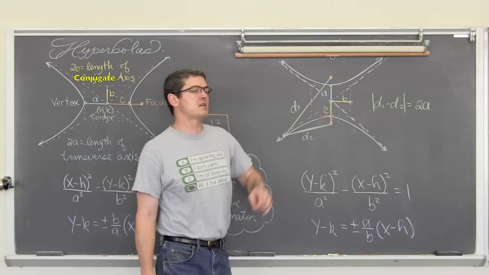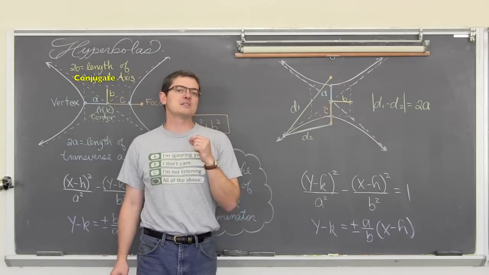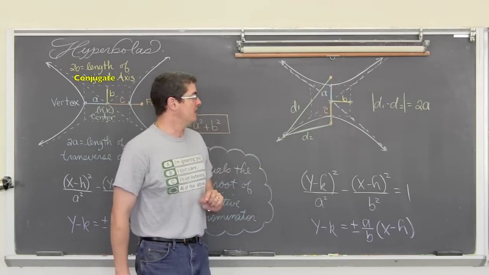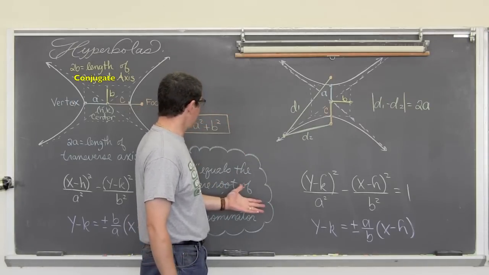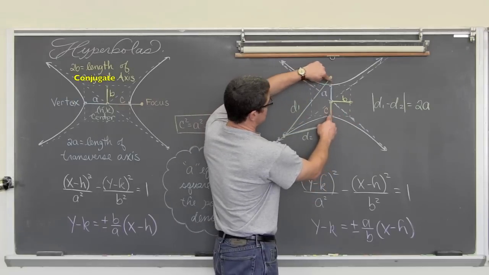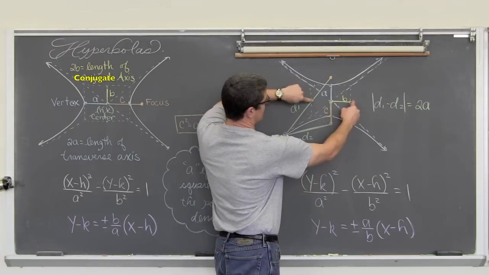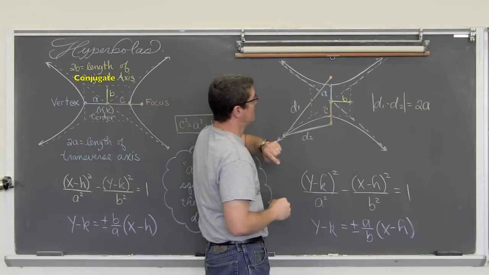When you move from the center and you go to the vertex, that's labeled as a, not b, just like with an ellipse. And that's pretty much it. This is the length 2a, transverse axis. 2b is the length of the conjugate axis.